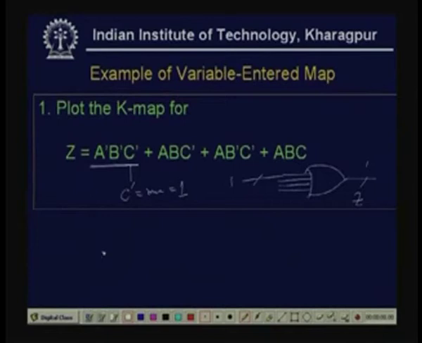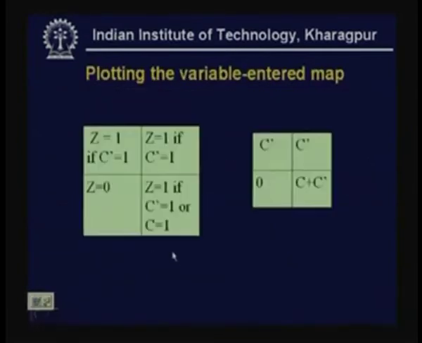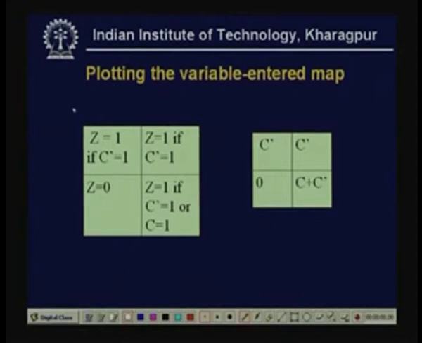So, in this way what we can tell that this is actually my A dash, B dash, C dash. So, if I see, this is a 3 variable function, but I am drawing it as if 2 variable A, B, and I am taking C as my variable or map.